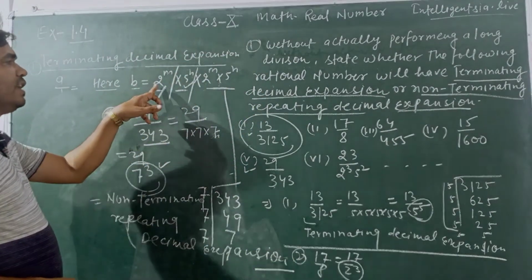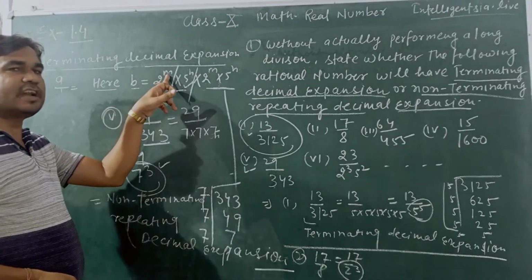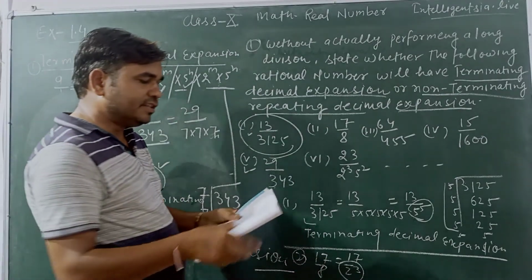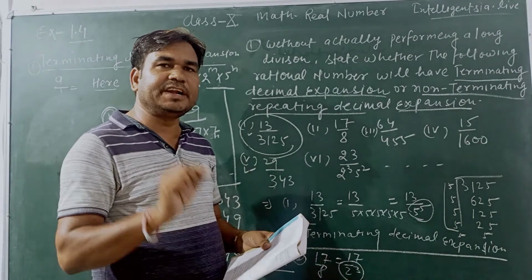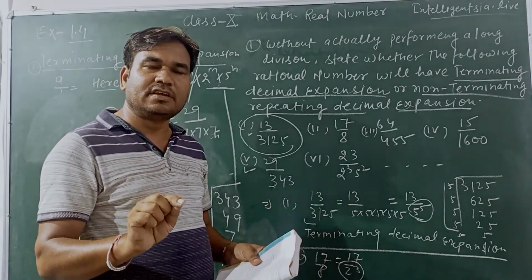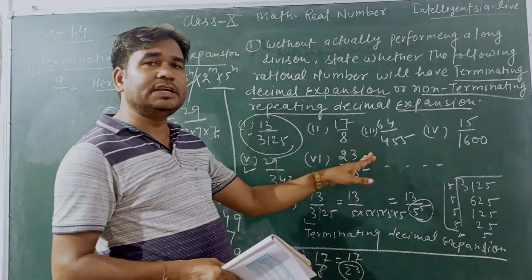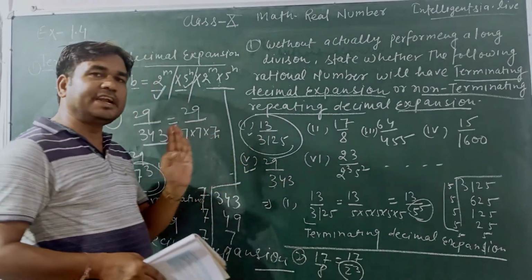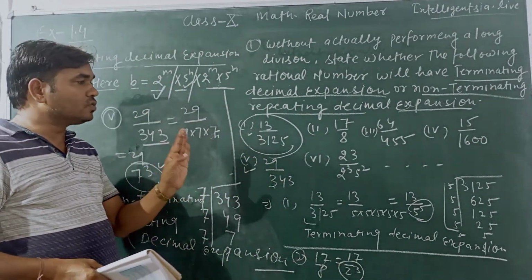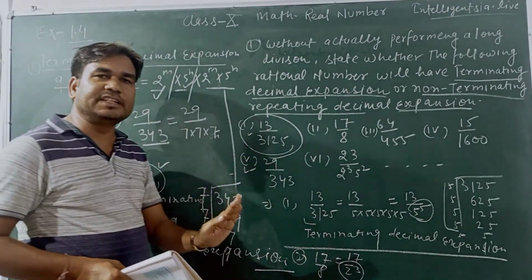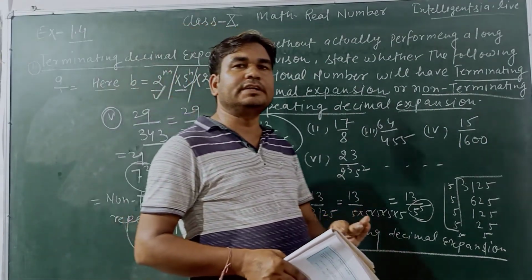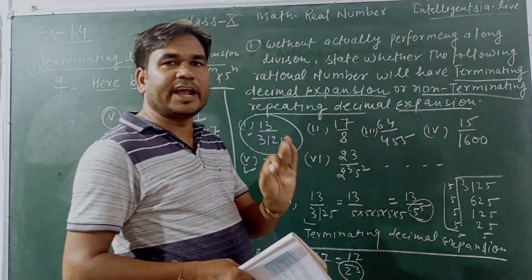It means we have to find here 2 to the power n. So this is also a terminating decimal expansion. If you cannot find a terminating decimal expansion, then you cannot write it. We only have to find terminating decimal expansions.